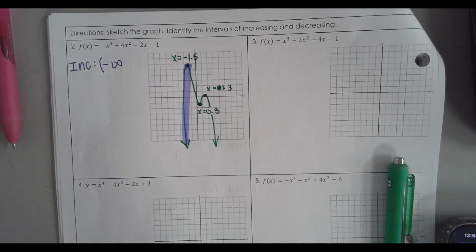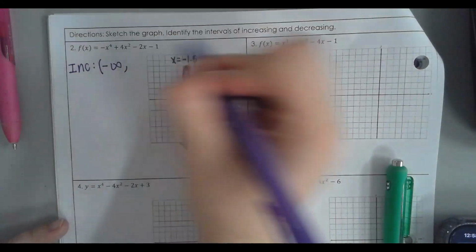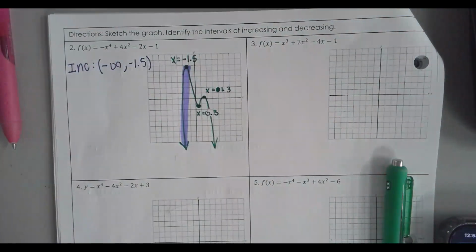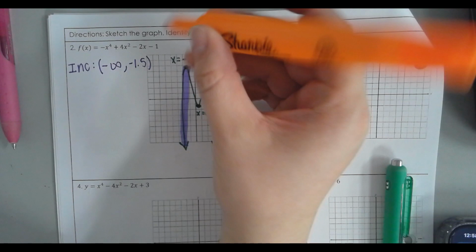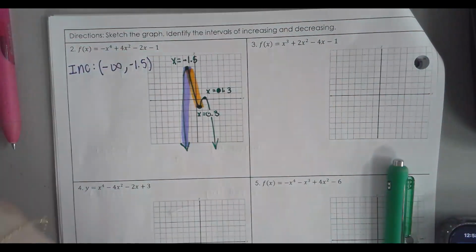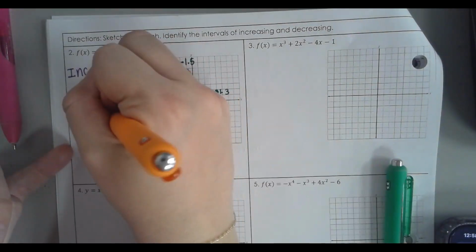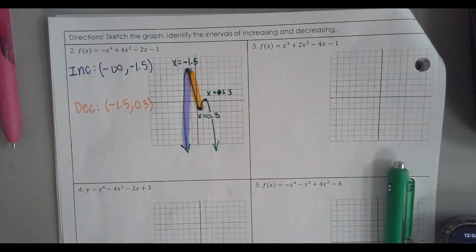All right, and then where do I stop? Negative 1.5. And then what happens after you reach the mountaintop? You go down. So it decreases from negative 1.5 to, and then I increase for a little bit.